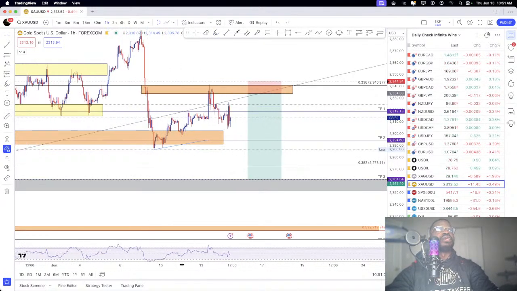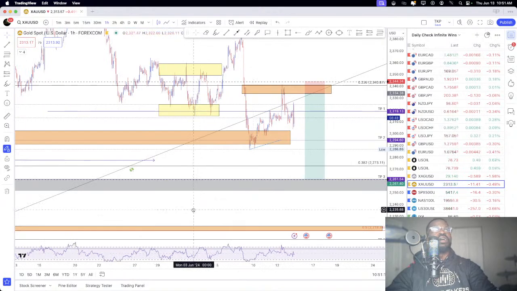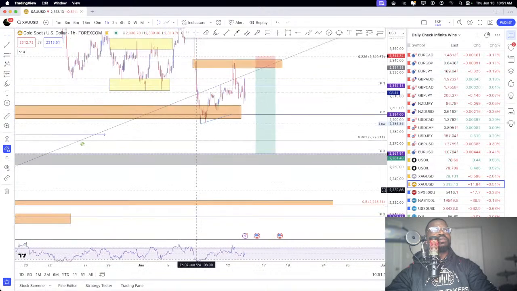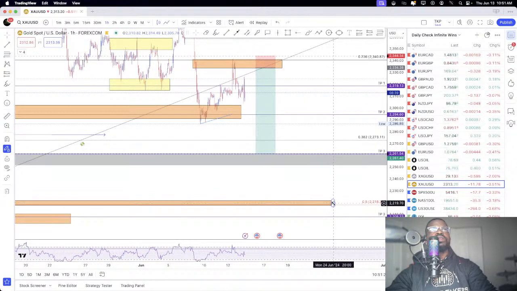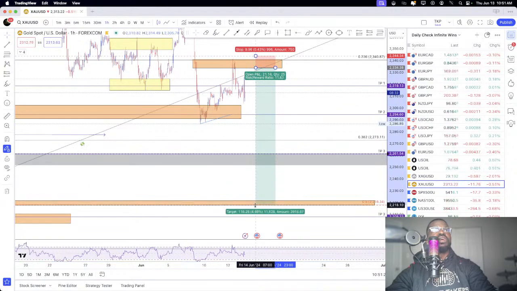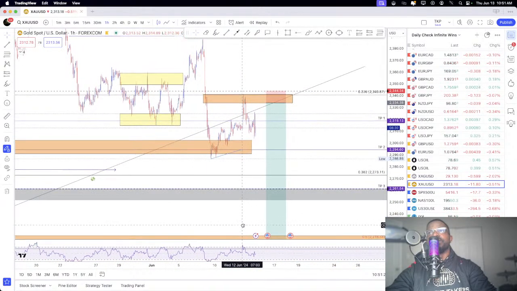That's why we just identified the next levels of structure underneath it. So far, it's that double bottom on the 1 hour and this area right here on the 50 fib. For the first target, you potentially got a 1 to 7. All the way down here, it's a 1 to 11 trade setup.